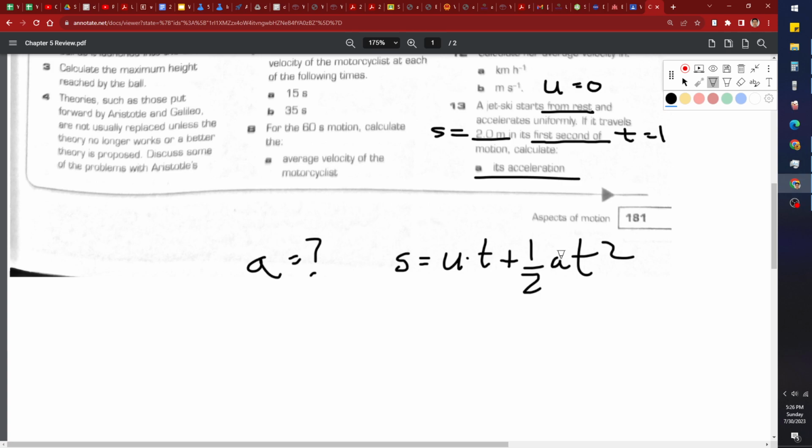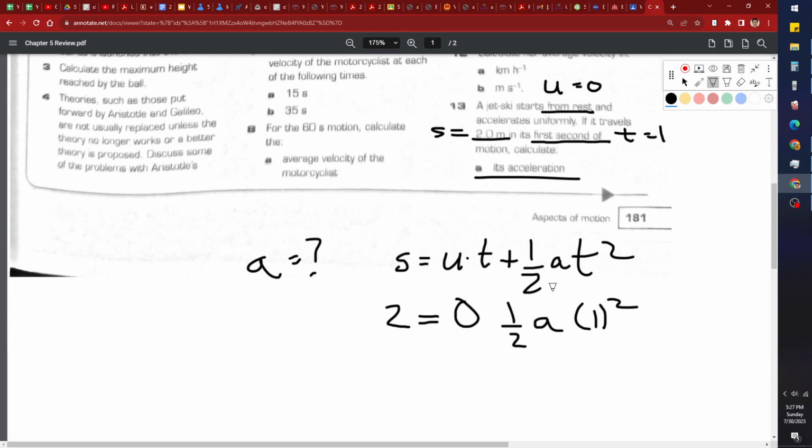Okay, so because it starts from rest, this makes this part very easy. U is 0. We know the displacement's 2. Why is that important? Because now we can rearrange this more easily. Okay, so we want to isolate for A. Let's just write this out first so that it's a little easier. Sometimes it doesn't help to rearrange stuff like this until we can get rid of one of the t's.